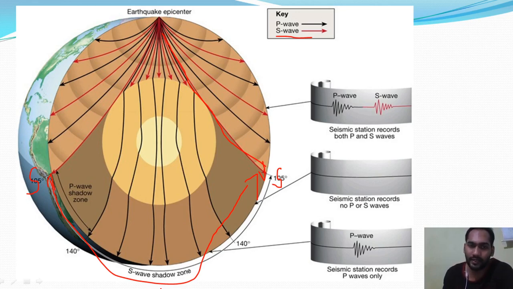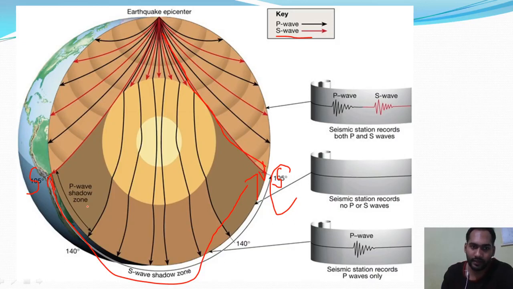We can get SKJKS, like PKJKS or SKIKS, we can get that, but we cannot get direct S in this region. So that is your S wave shadow zone.